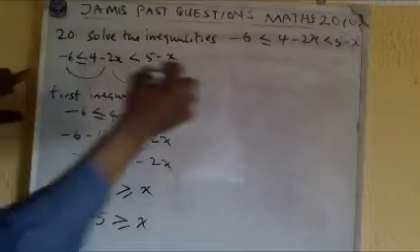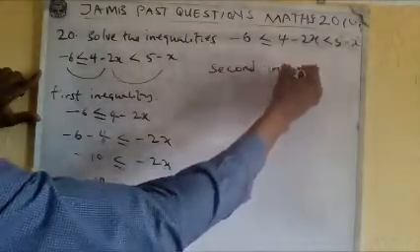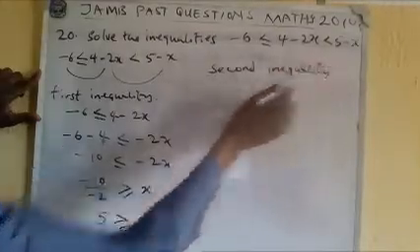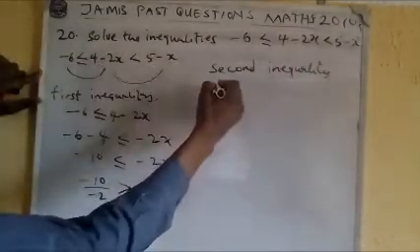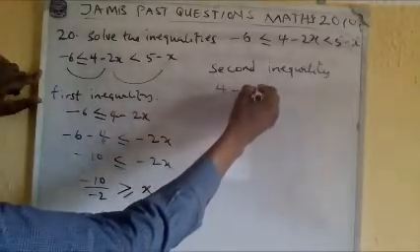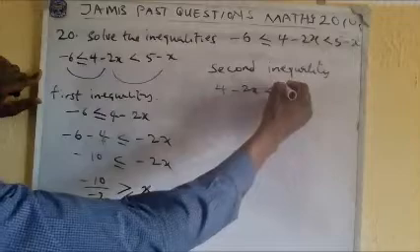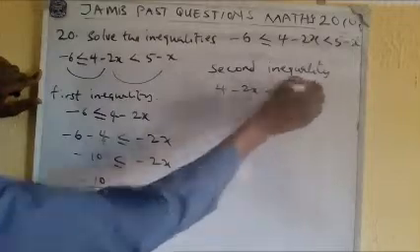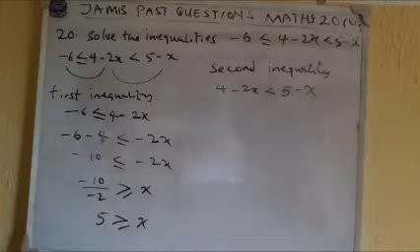Now for the second inequality, you see, I've solved for this one. I'm going to solve for this one. It is 4 minus 2x less than 5 minus x. Again, we'll collect like terms.